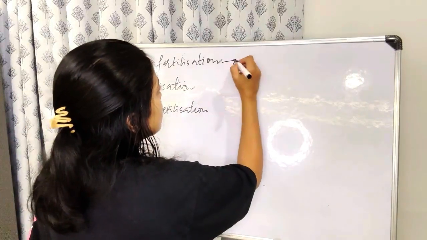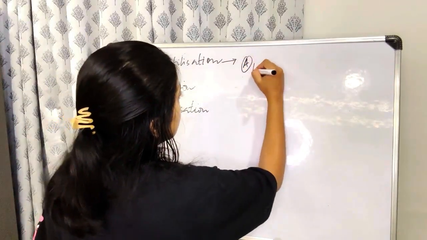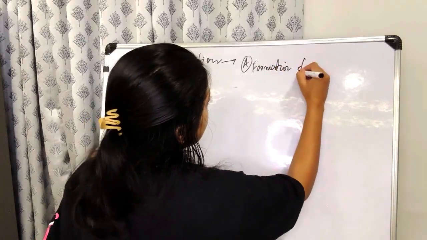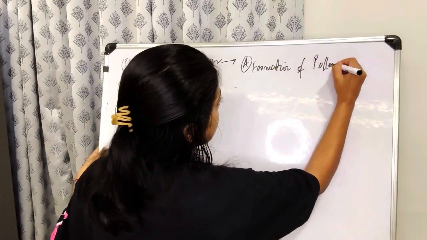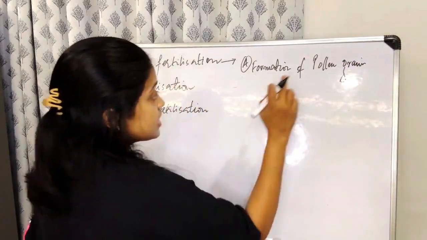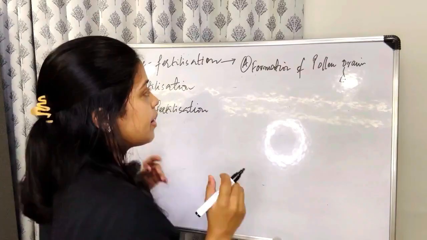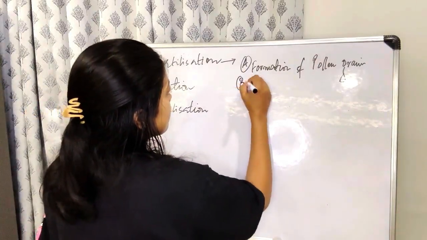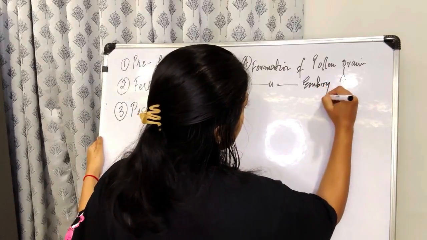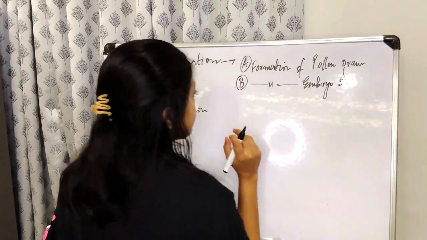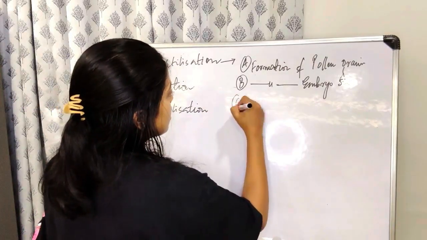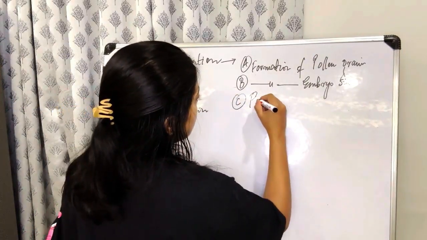So this includes the formation of pollen grain, inside which there will be the male gamete, then the formation of embryo sac. This will occur inside the ovary, and the third one is pollination.